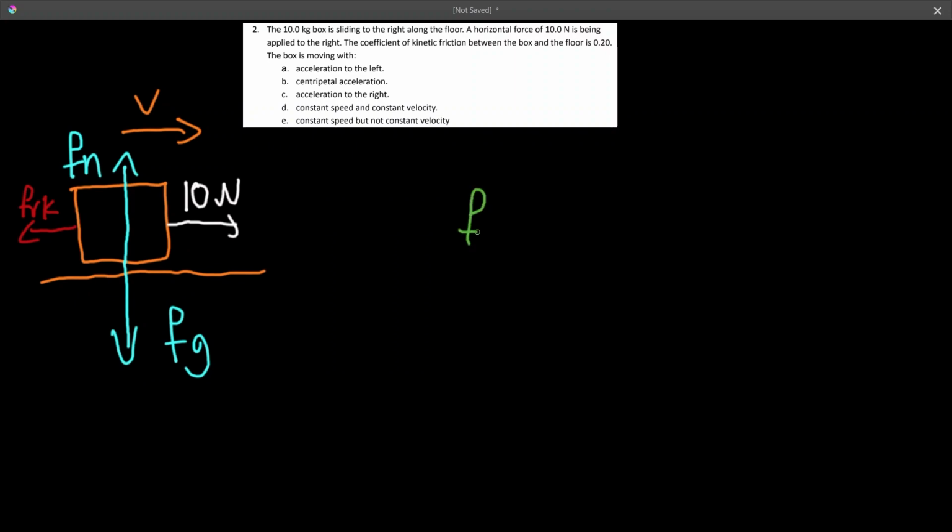And then all you have to do now is just say Fnet equals ma, and then you substitute the values. Fnet would be 10 minus the kinetic friction.